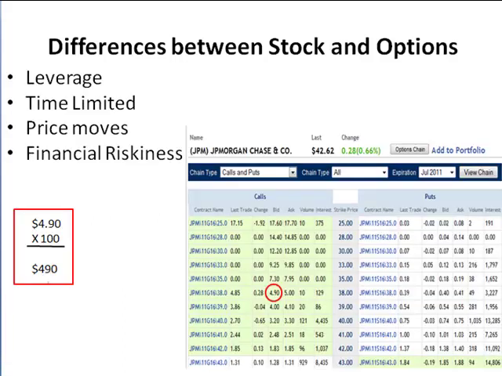And the other difference between stocks and options is the idea of financial riskiness. Now, I alluded to it earlier in this video that with this particular option, let's just say that you picked this option. You were going to pay $4.90 for the right to buy this stock for $38. Okay, the maximum amount of money that you have at risk is $490 if you purchase this option.